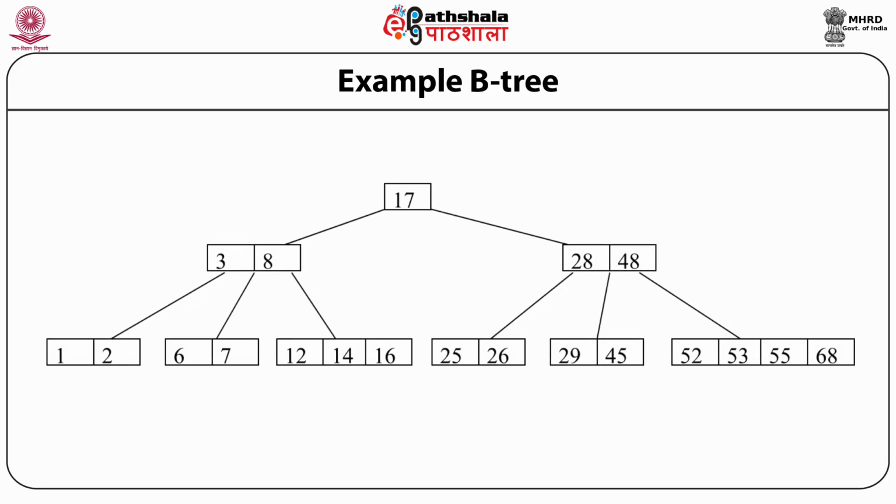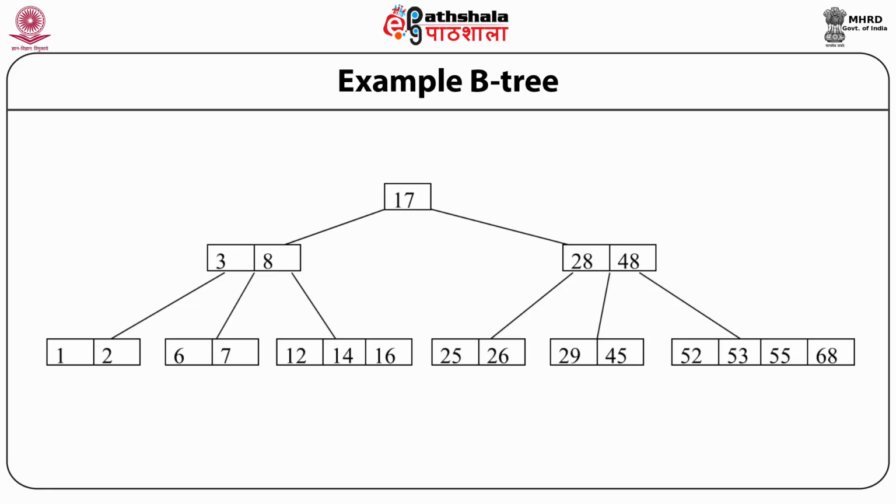This is an example of a binary tree of order 4. Here you can see that the root node is 17. On the left hand side we have two values, 3 and 8, which are smaller than 17, and on the right hand side we have two values greater than 17, that is 28 and 48.